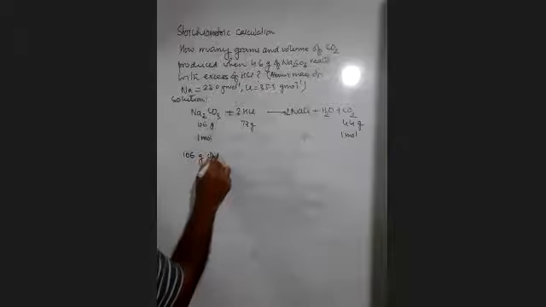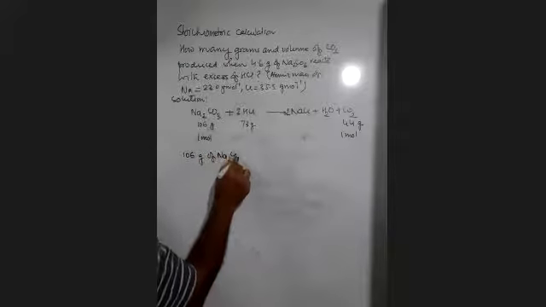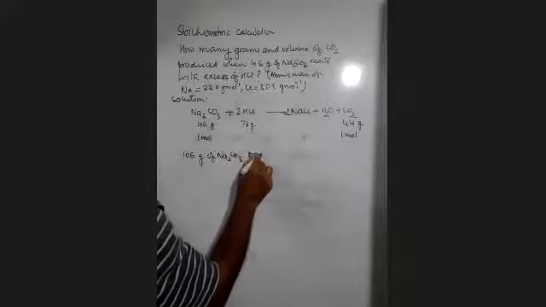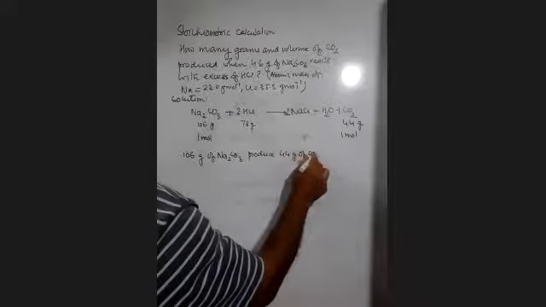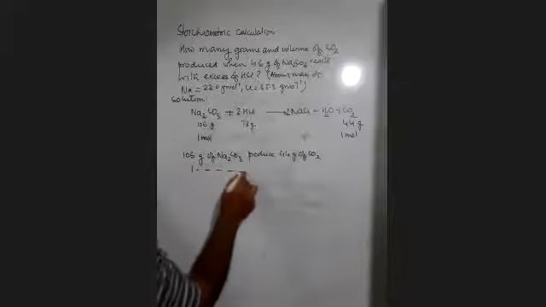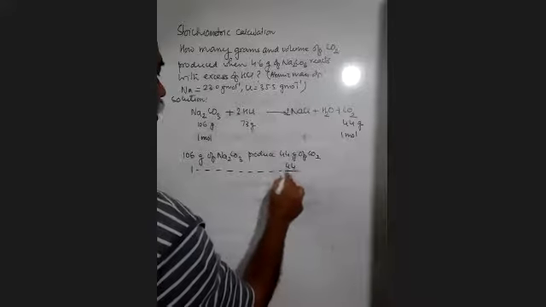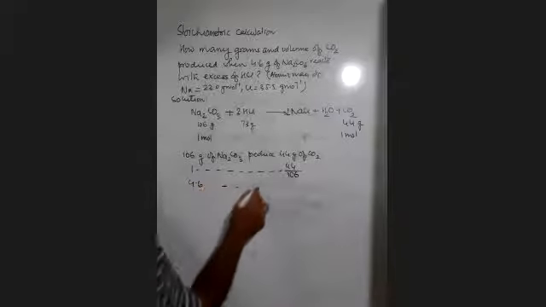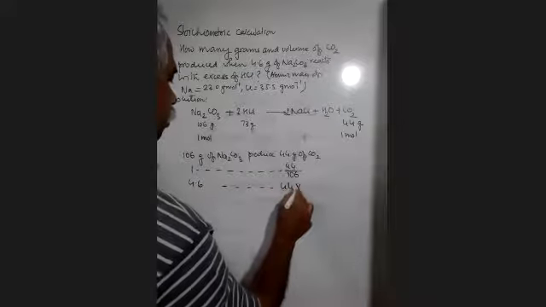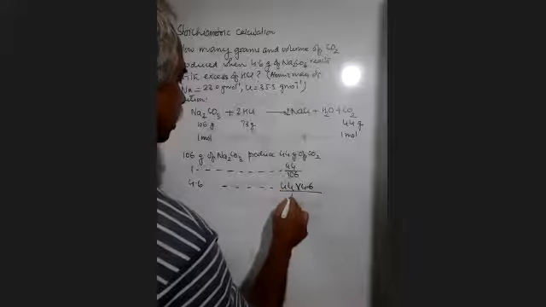So see, 106 gram of sodium carbonate produces 44 gram of carbon dioxide. So 1 gram will be how much? 44 divided by 106. So 4.6 is how much? 44 into 4.6 divided by 106.